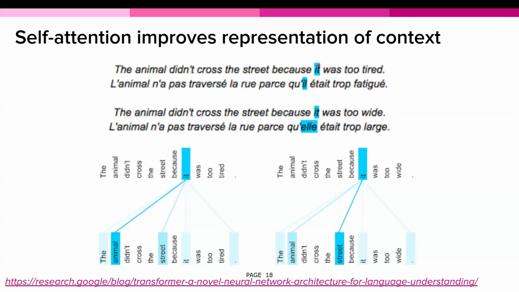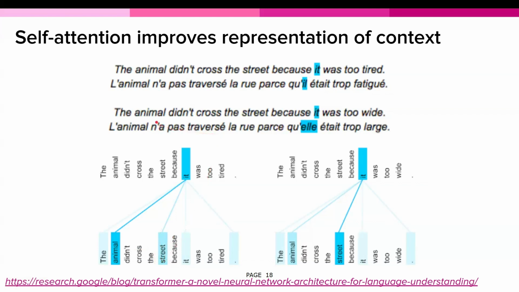and so the animal in this case would be masculine. In order for this translation to be done effectively, this token needs to attend all the way back here to the animal. In this case, the animal would have strong attention weights, whereas street not so much.